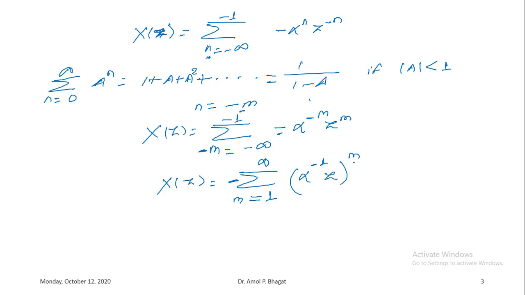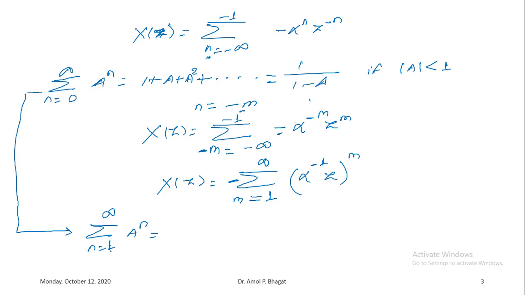Okay, so if you compare this geometric series with this one, the only thing uncommon here is that it is starting from 1 instead of 0. So if I modify this geometric series, instead of n equals 0 to infinity, I take it as 1 to infinity a to the power n, because here the summation limits are from 1 to infinity.